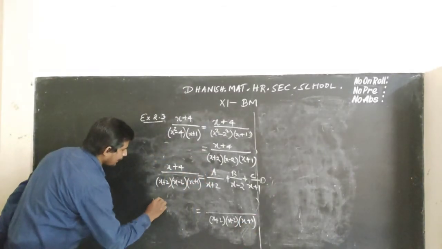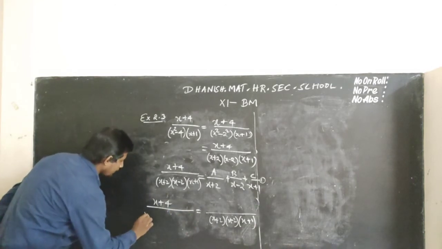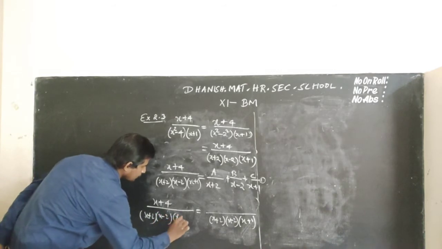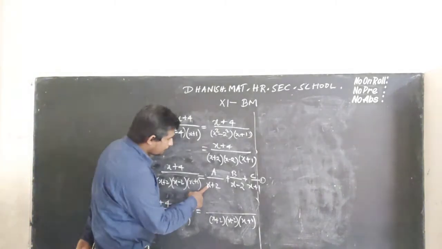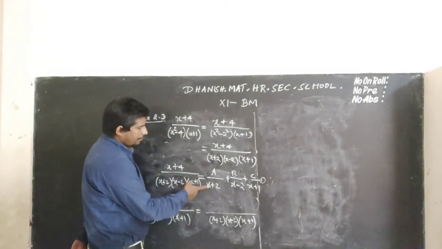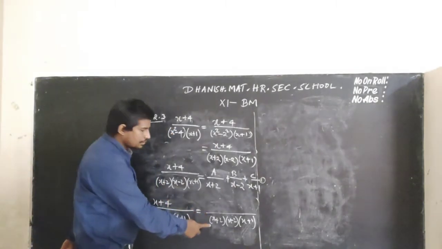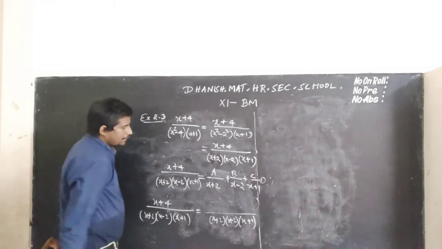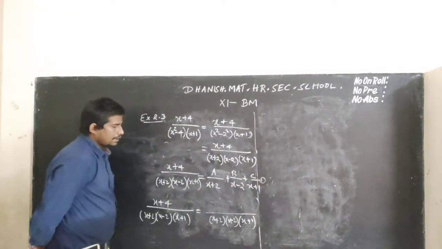Here we will have the LHS x plus 4 divided by x plus 2 into x minus 2 into x plus 1. Now, here we are having x plus 2 only, but our LCM is x plus 2 into x minus 2 into x plus 1. So, we should multiply the numerator and the denominator by x minus 2 and x plus 1.